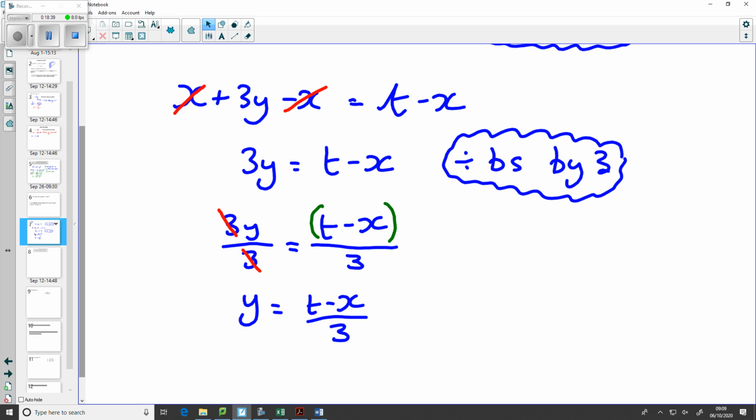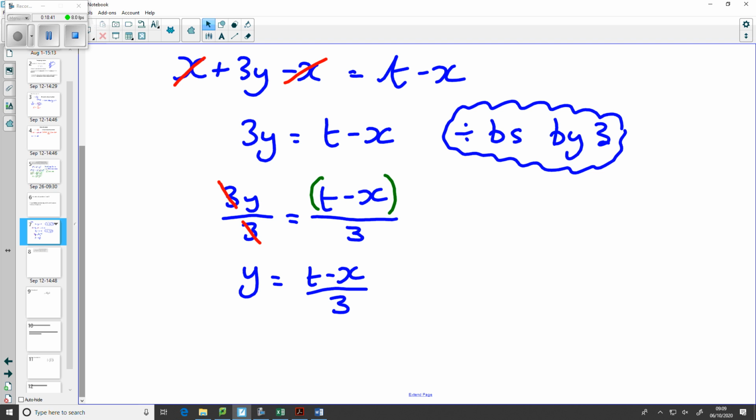Hang on, let's just do one over here. x plus 3y equals t. Yeah. I mean, eventually you'll end up with the same thing, because you'll move that over there to have 3y, minus 3y on that side.